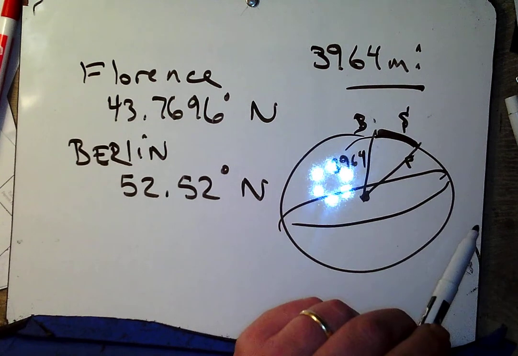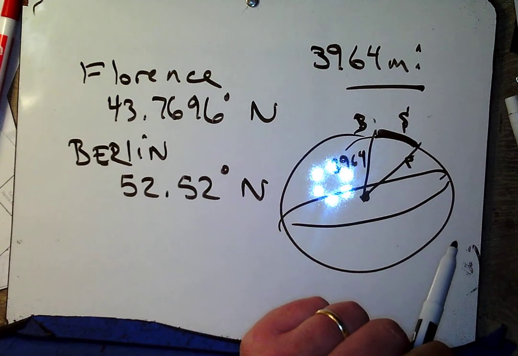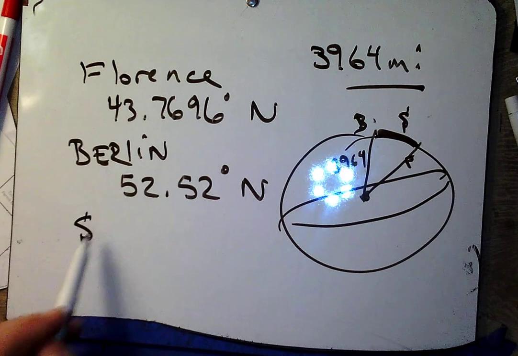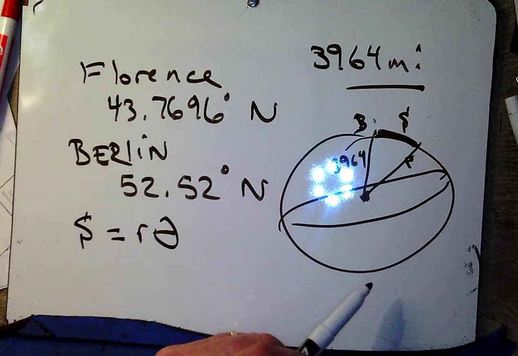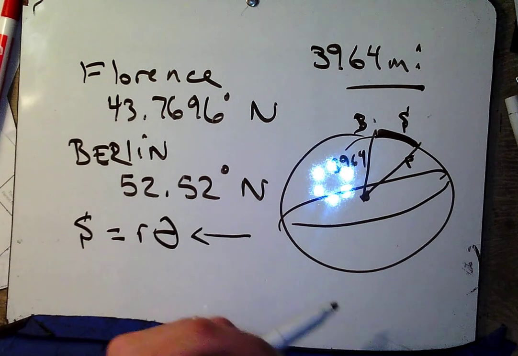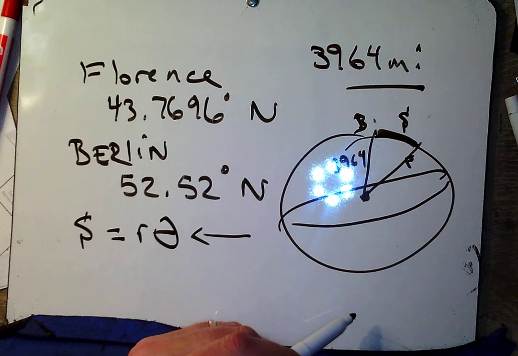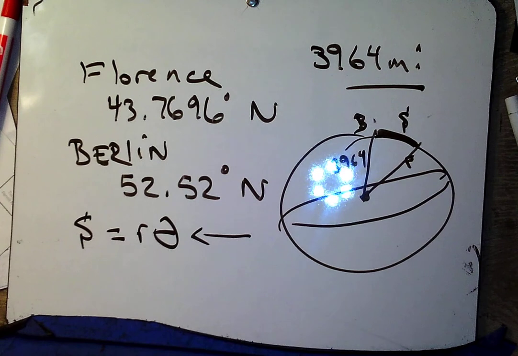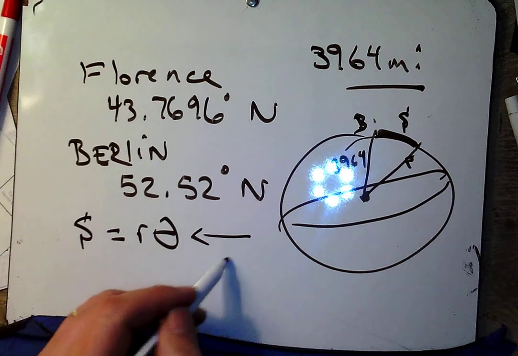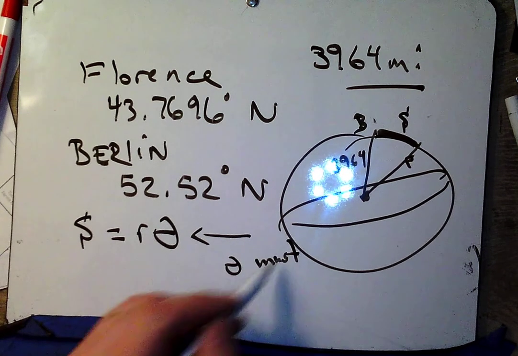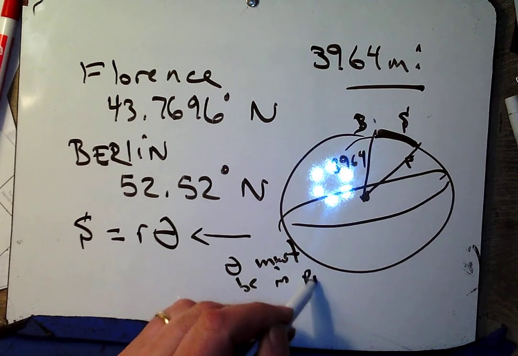That's arc length. Do you remember the arc length formula? Oh, I hope so. S equals r theta. Hey, and what had to be true about theta when you use this formula? Yeah, no, you really need to know because you're going to get the problem wrong if you don't. Theta must be in radians.